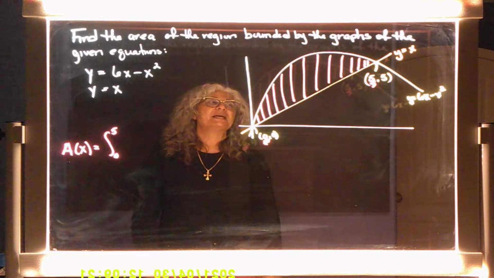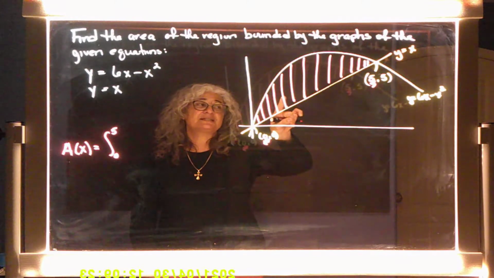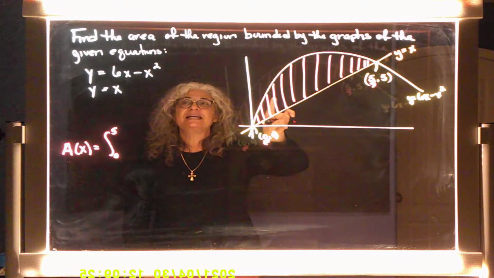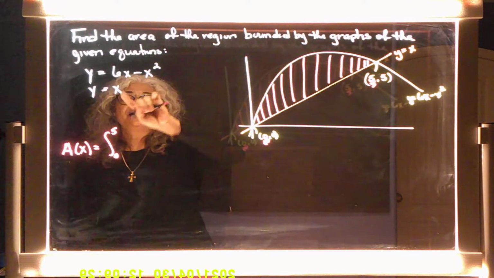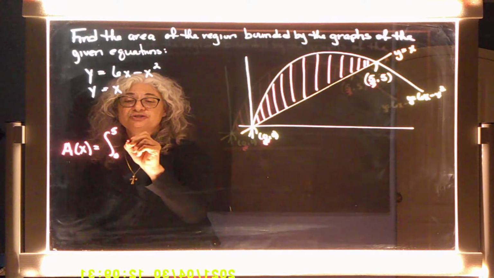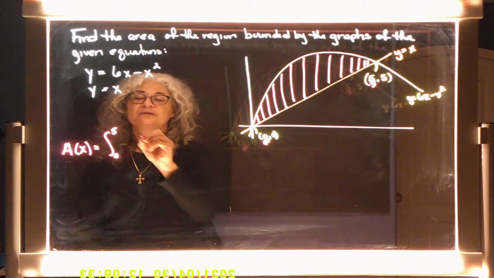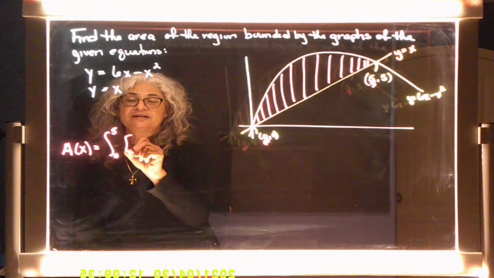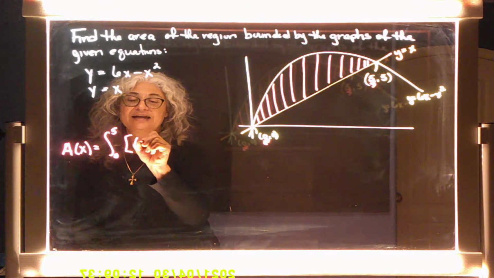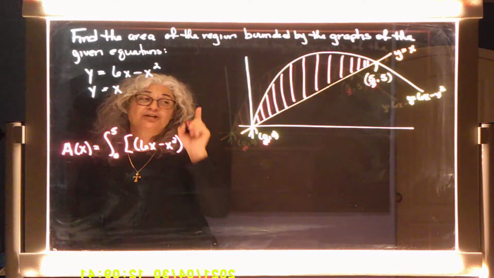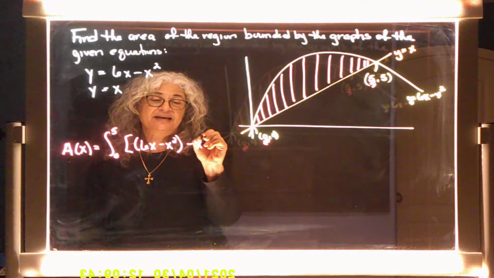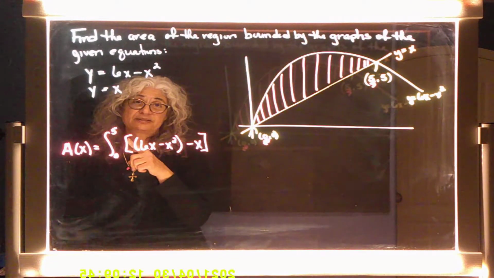Anyway, now, which one of these functions is higher? Yes, the 6x minus x squared is actually higher than the x. So that means you are going to write the 6x minus x squared first, and you're going to subtract from it the x, right?